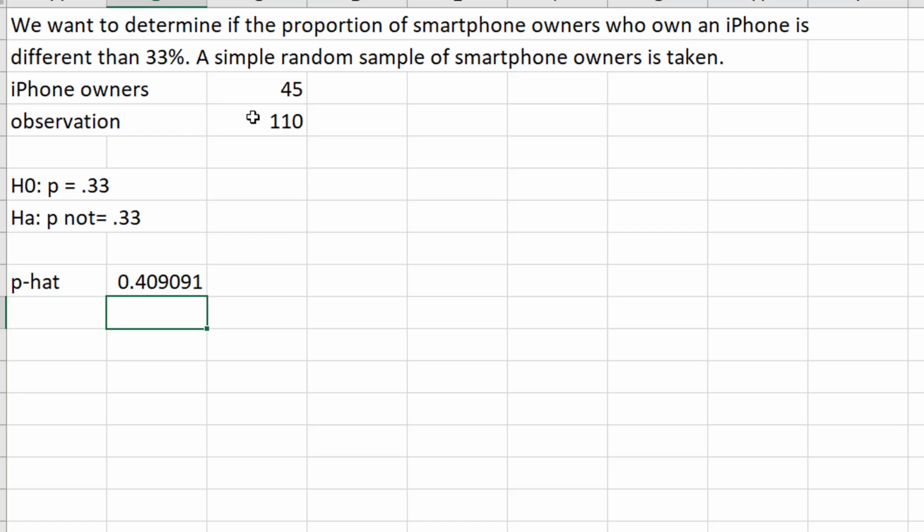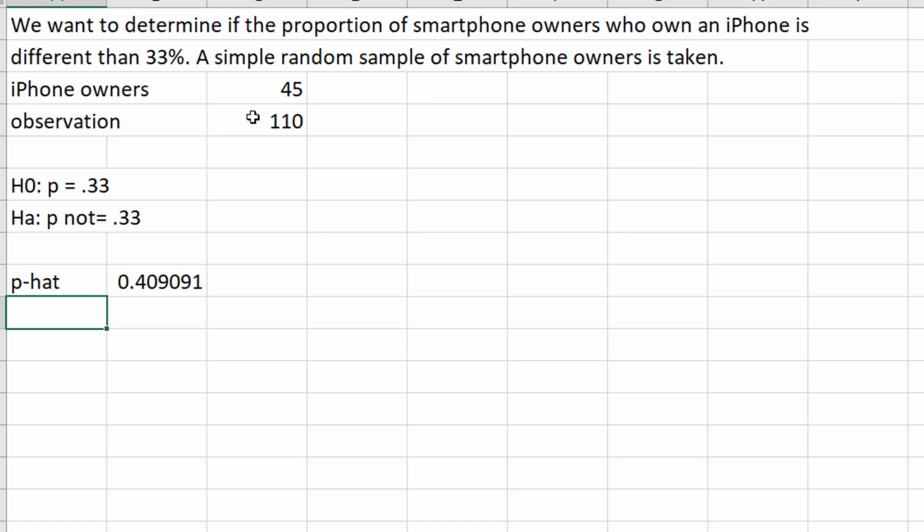The question a hypothesis test is really getting at is, based on this sample size, is this proportion higher than 33% enough that we can conclude it's due to a difference in the population proportion and not just due to sampling error? Because it's certainly possible that we just happened to get lucky and sample a bunch of iPhone users, even though only 33% of the population use iPhones. Or maybe the true proportion really is different than 33%.